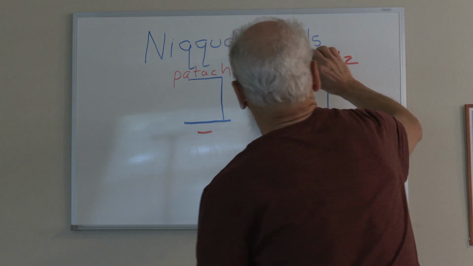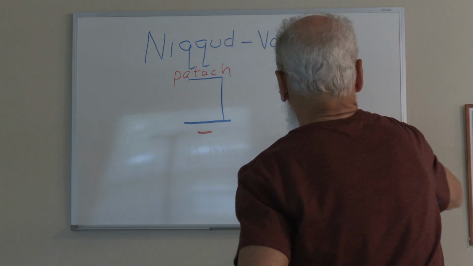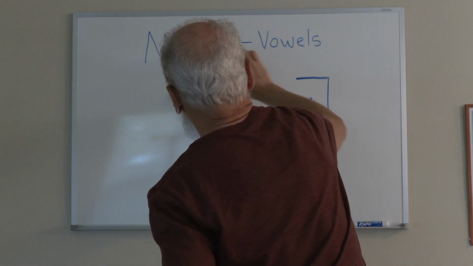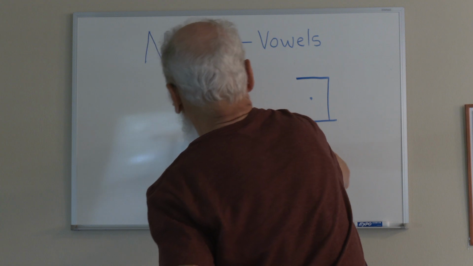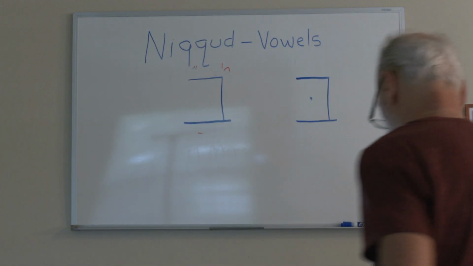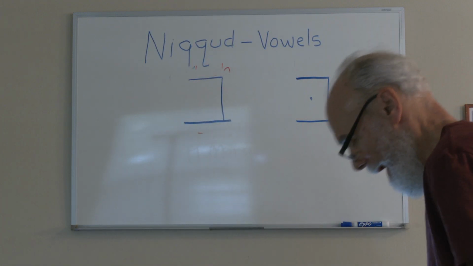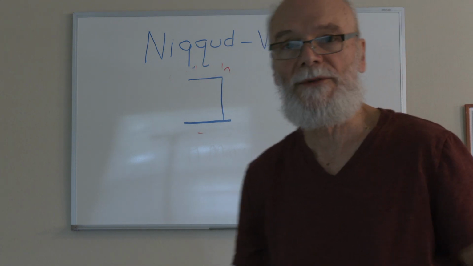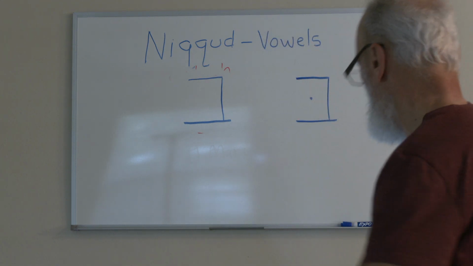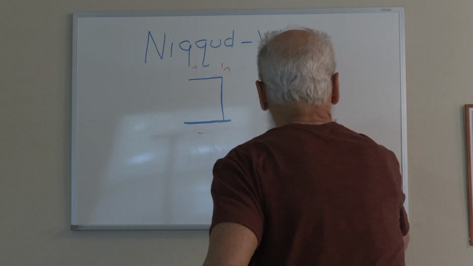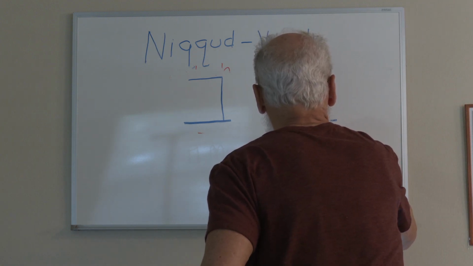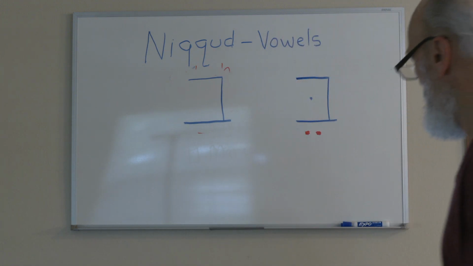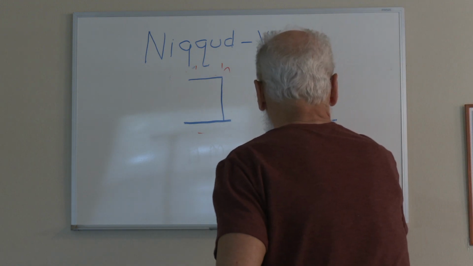Now we're going to take that off, and we're going to go to our next vowel, which is the a sound. And the first one we're going to look at is called the tsire. Tsire. And that's two dots. Called a tsire.